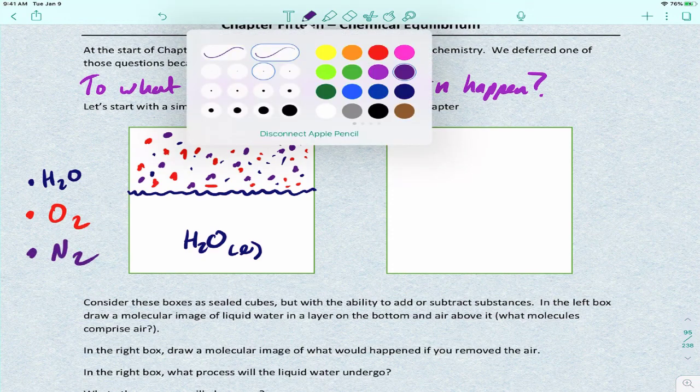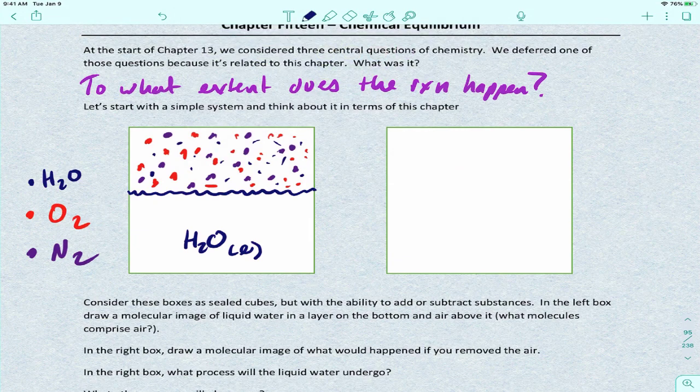And so what we want to do, having the water down below, having that liquid: if we remove the air and remove the nitrogen, does having that water force more of the vapor to come back and become water? So if we remove the air, we're going to do this in a vacuum.